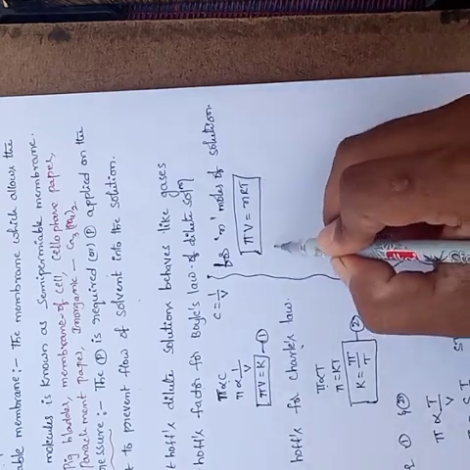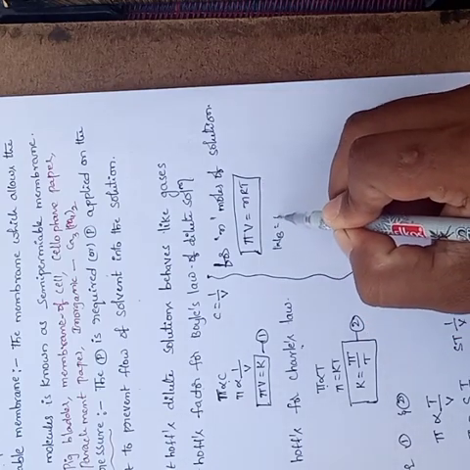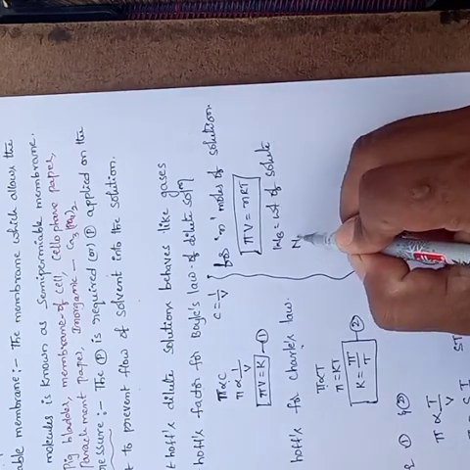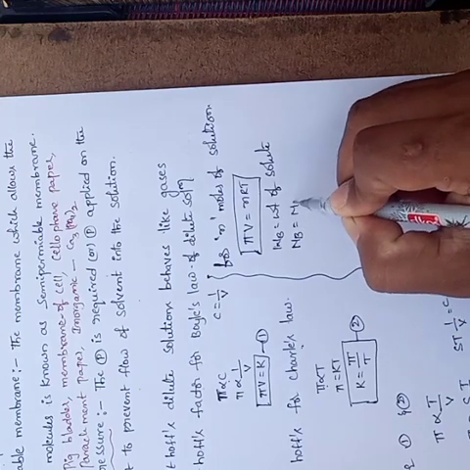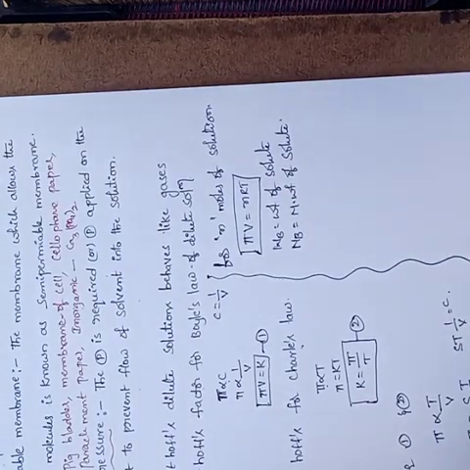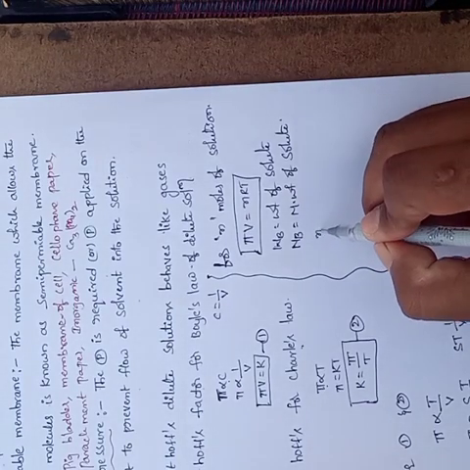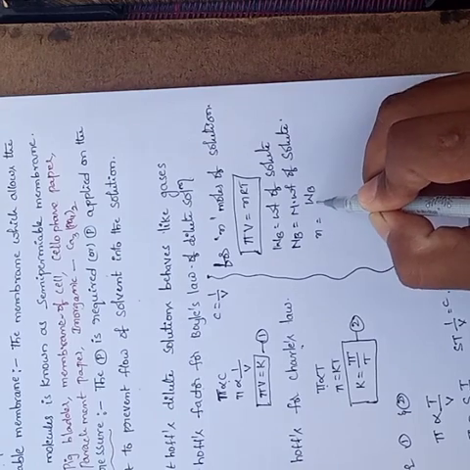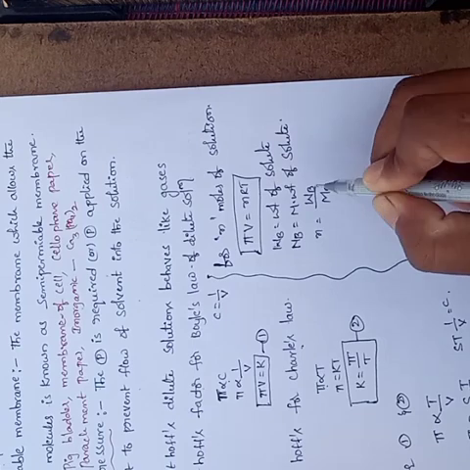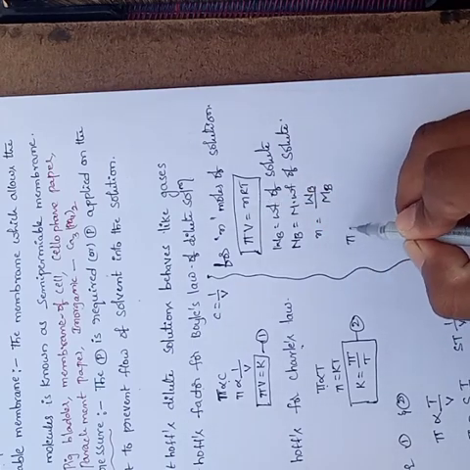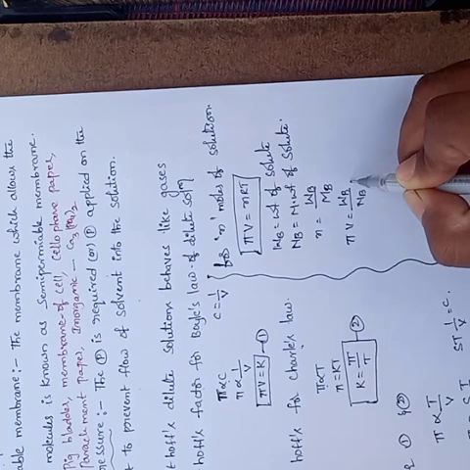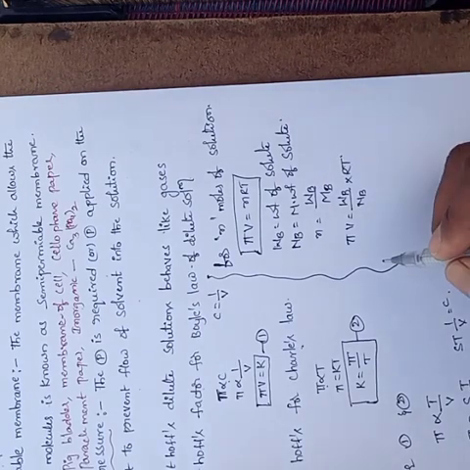In the number of moles equation, we know that Wb is the weight of solute, and Mb is the molecular weight of the solute. So n is equal to Wb by Mb. Now we can substitute this in the equation: pi V is equal to Wb by Mb into RT.